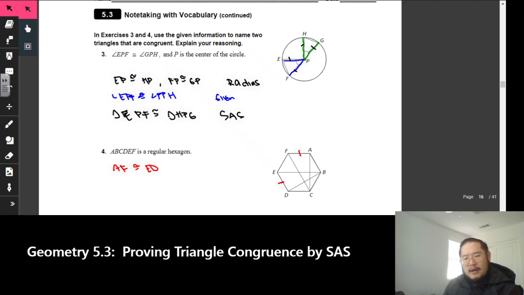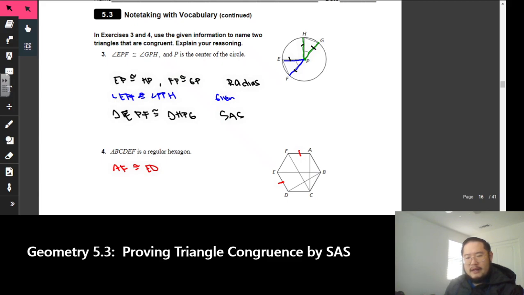If we look right here, let's see, what else can we say? We've got the length of E to B right here. That goes straight across and through the center. And so does this right here, C to F. We can go ahead and say that they're congruent as well.